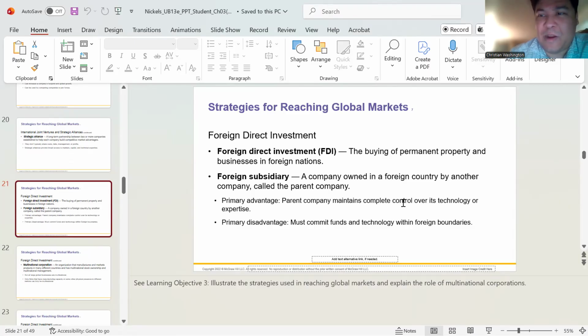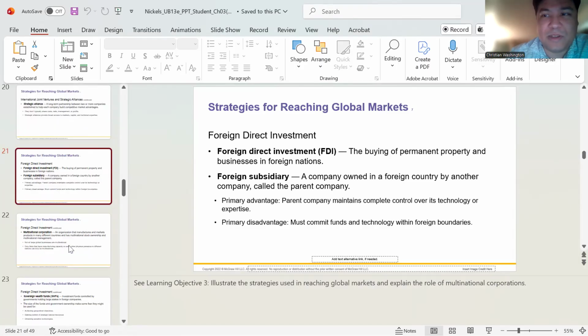That's like Toyota of America and Toyota of Japan. It's a good example, but they're also engaging in foreign direct investment as well, right? Very common. A lot of Japanese companies have businesses in the U.S. They do direct investment here in the U.S. They have foreign subsidiaries. That's how it's usually done for overseas companies investing in other countries.